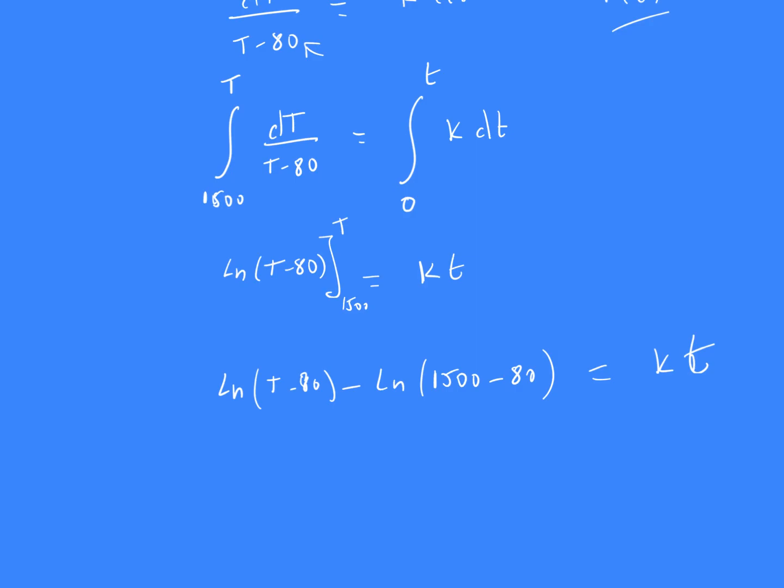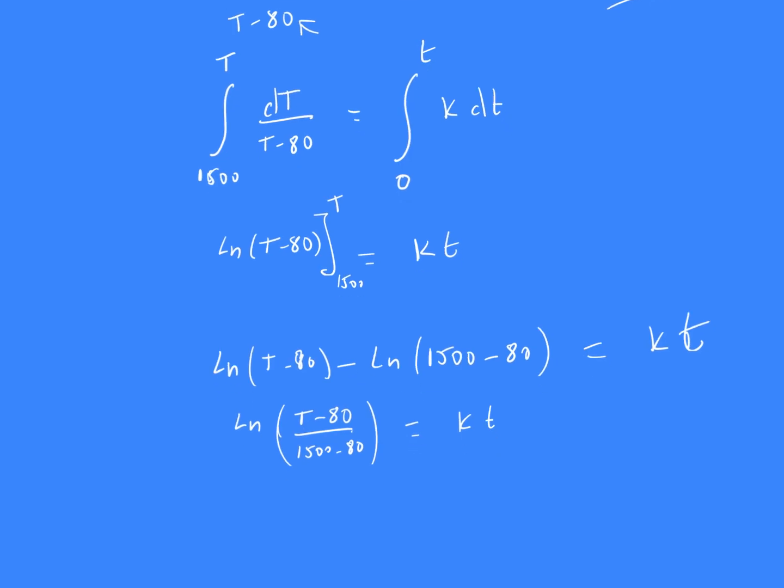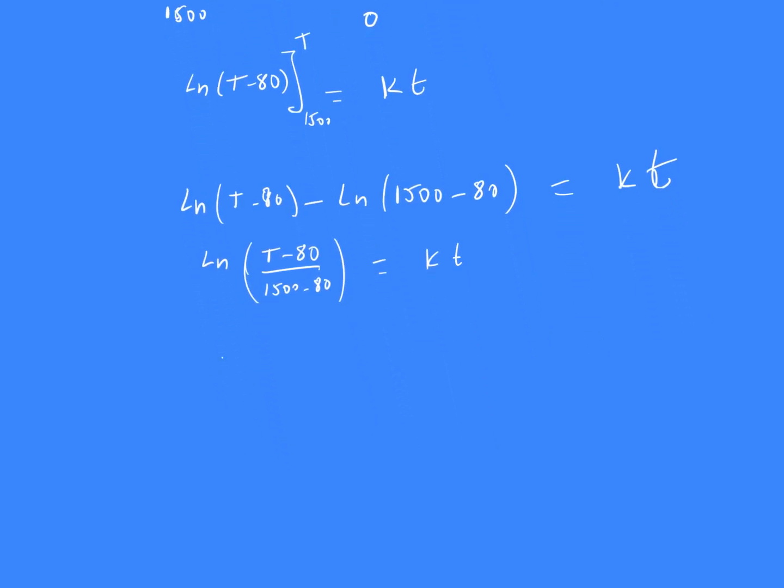So the natural log of T minus 80 minus the natural log of 1420 is the natural log of this quotient. And now it will be written as the natural log of T minus 80 divided by 1420 equal to kt.